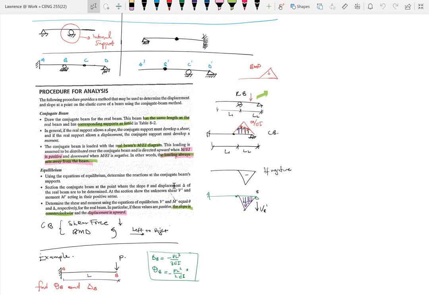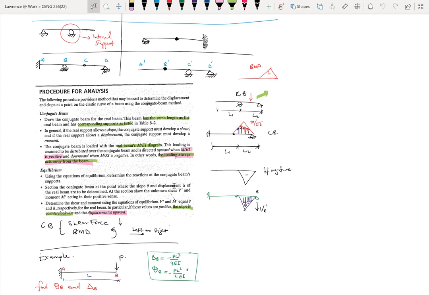Here it's a specialized type of bending moment, which we call the M over EI diagram, which simply means dividing the moment by the flexural rigidity. So when you load the M over EI diagram, now you have a conjugate beam with a new load, where the load used to be the bending moment from the real beam.